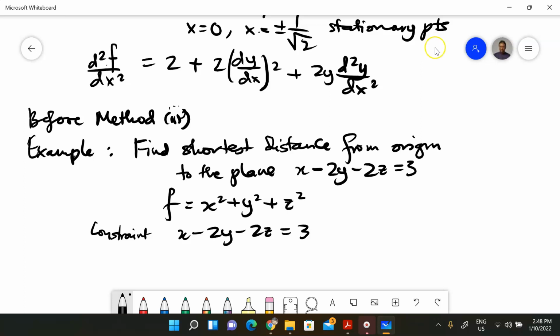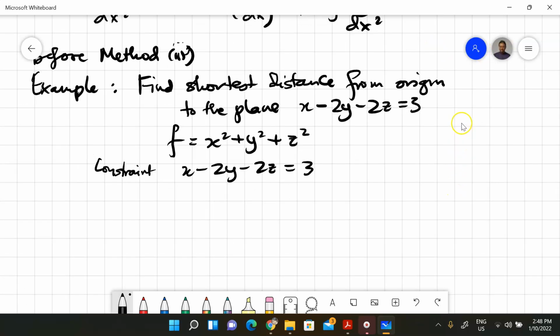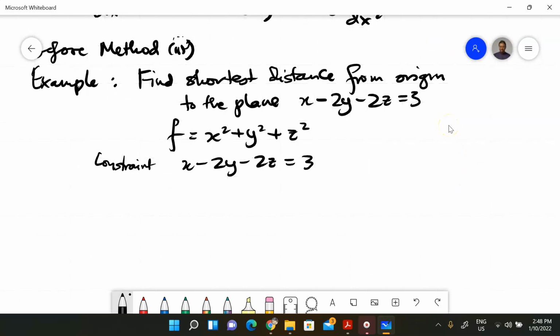So again, one finds stationary points. I'm going to skip some of the working so that you can do it yourself. So one equates this to 0, and let me just write down this intermediate equation.